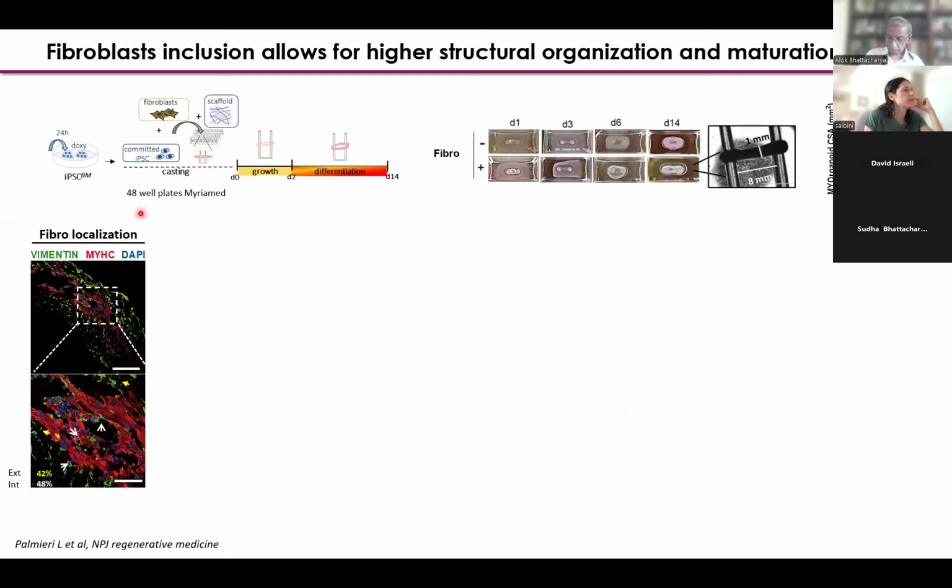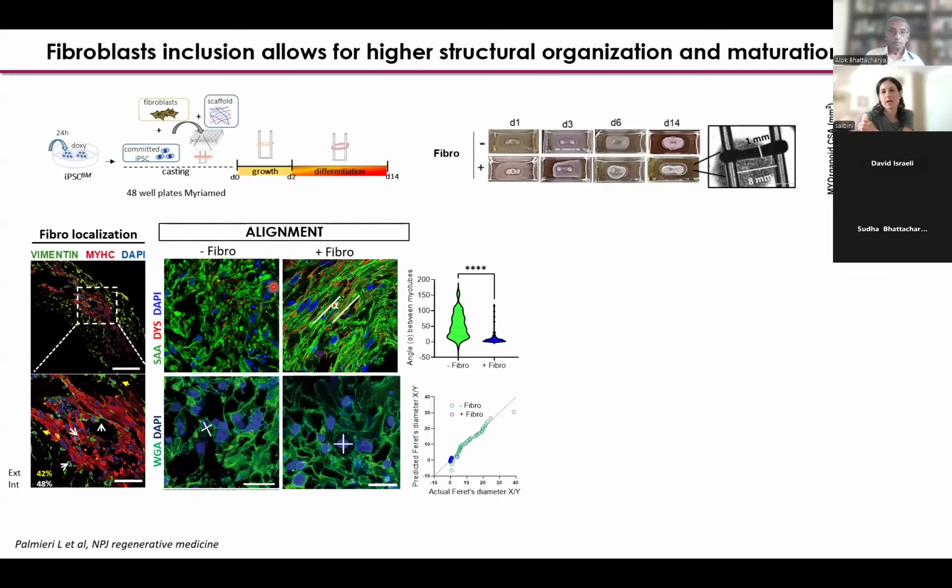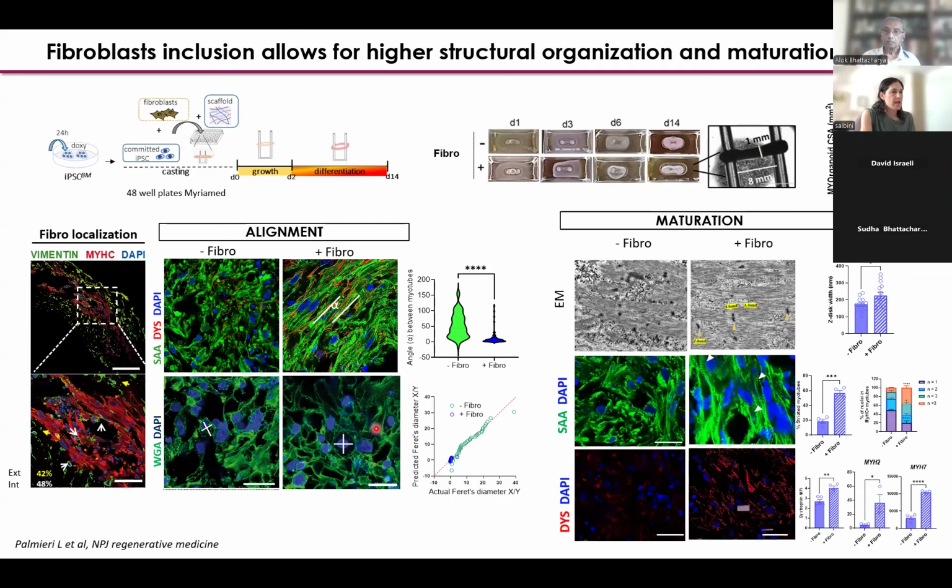Most importantly, the inclusion of fibroblasts allows higher structural organization and maturation. You can see the higher maturation of the architecture, because the organoids including fibroblasts are more aligned. The alignment is calculated by the angle between myotubes, and the fibers are very circular, as shown by the Feret diameter XY ratio. In line with that, we also observed increased maturation.